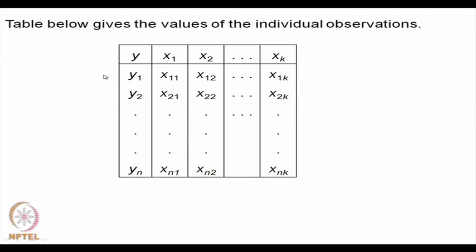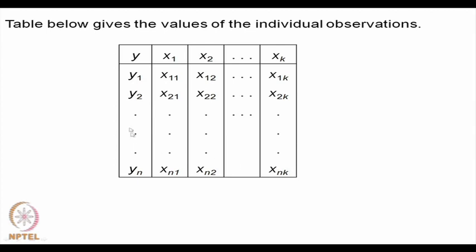We have n different observations, or n different cross sectional units, or n subjects. For every subject, the values are collected at a particular point of time. Let for the first cross sectional unit the values be this, for the second the values this, and for the nth cross sectional unit the values this.